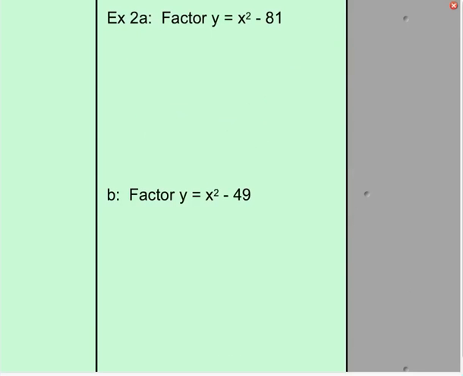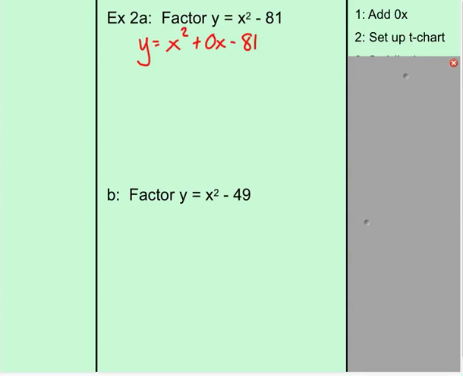Let's practice a couple more of those. Again, we're going to start by adding that 0x into our equation. Setting up our t-chart. What multiplies to a negative 81, our constant, and adds to our middle term of 0.